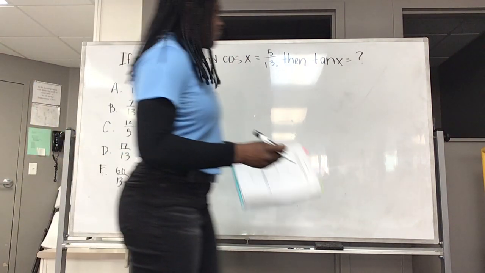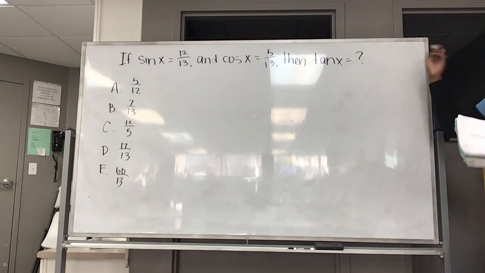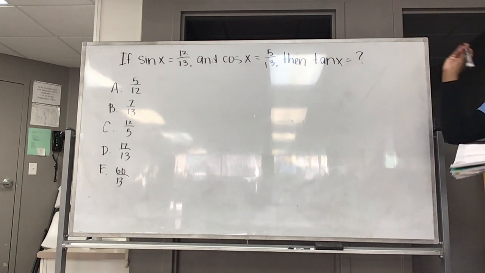Okay, so this one says, if sine of x is equal to 12 over 13, and cosine of x is equal to 5 over 13, then tangent of x equals, and so A through E, here are options for answer.